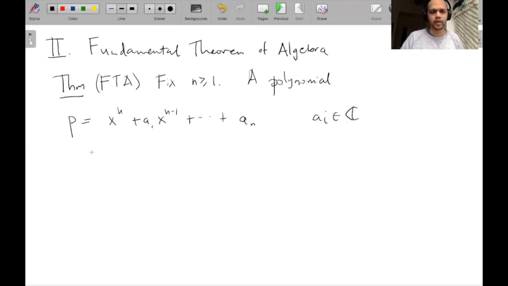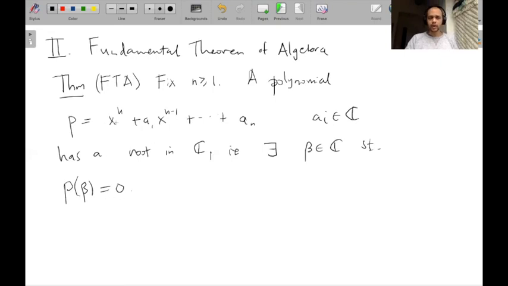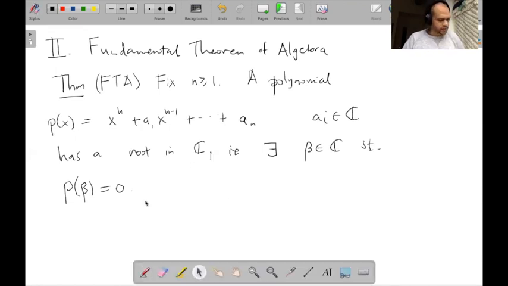So it's a polynomial with complex coefficients, has a root in C, which is to say there exists some complex number beta so that P of beta is 0. So if I plug in beta for x, then I get 0. Okay, so this is what the theorem says.